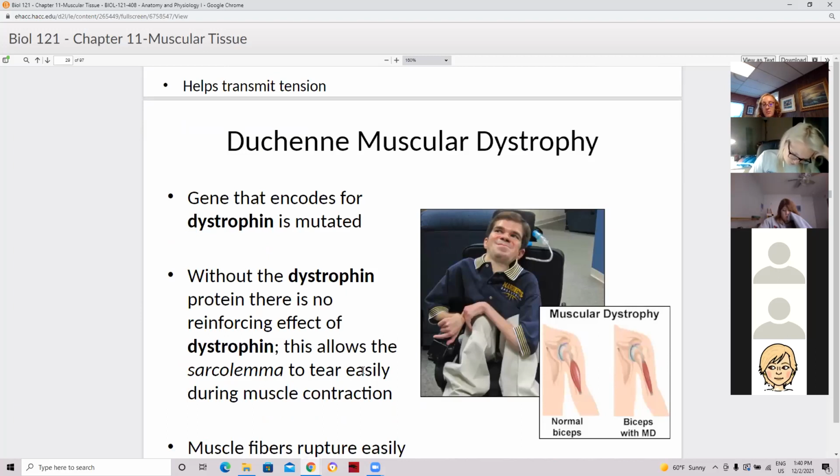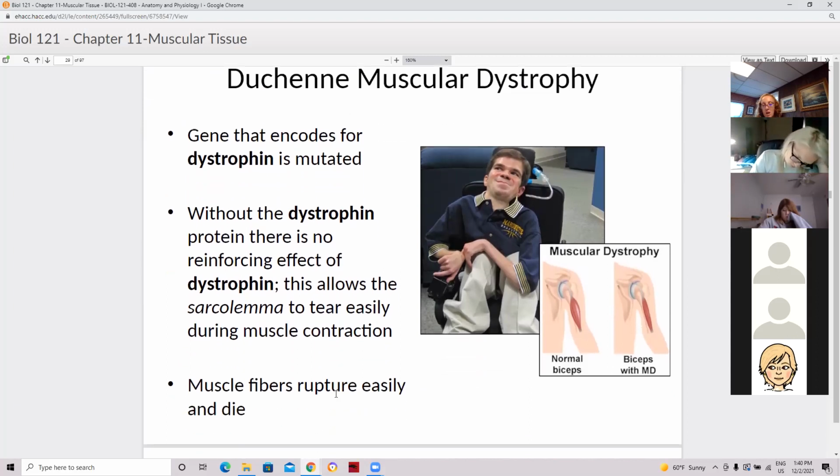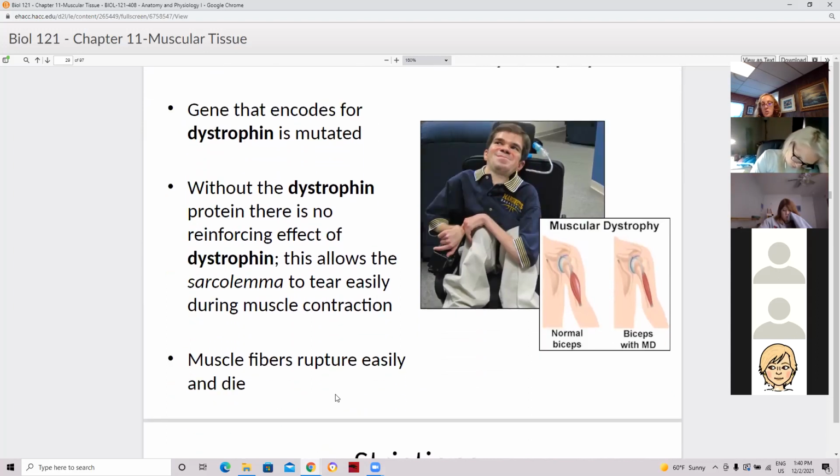The sarcolemma easily tears during muscle contraction, and as a result, the muscle fibers rupture easily and die.